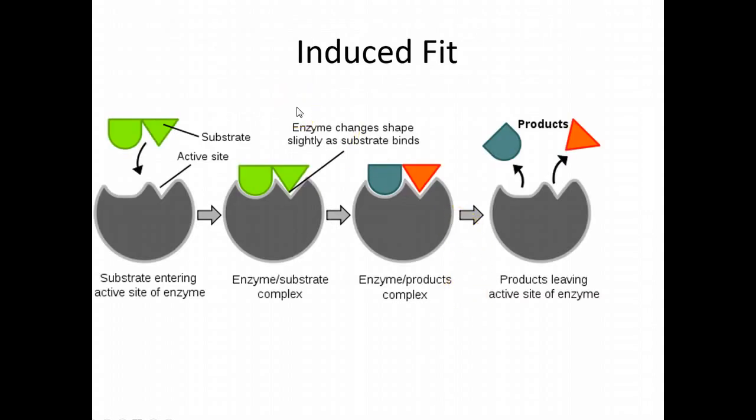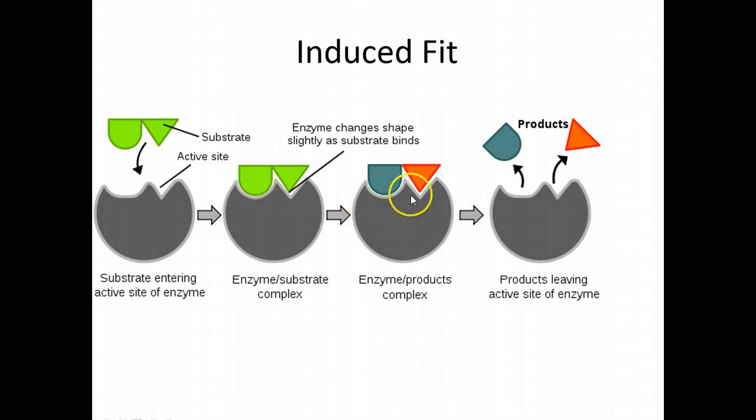Now, here's the cartoon. So what you see is these shapes here, and this is, again, a cartoon. You have this thicker, more bowed part, and when it binds, then this part changes.